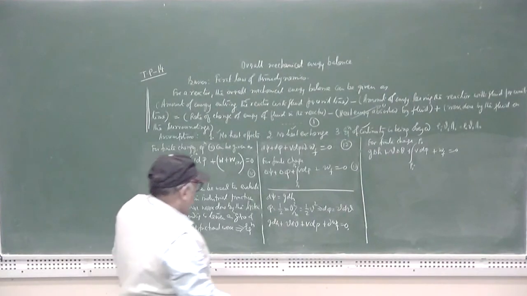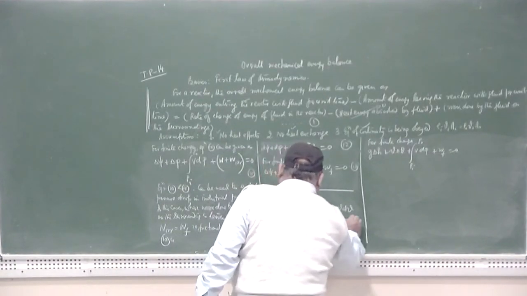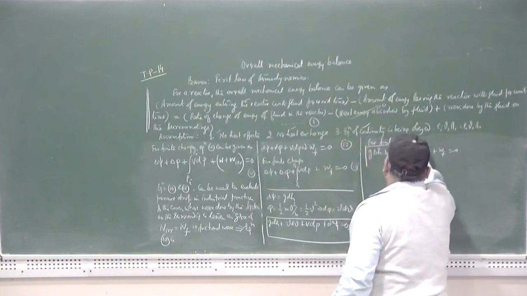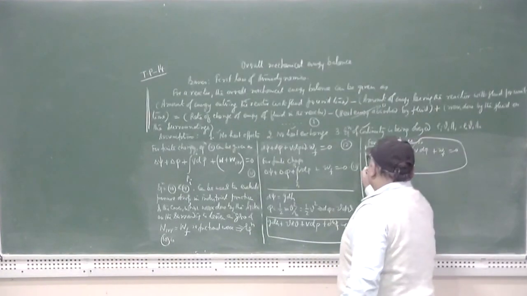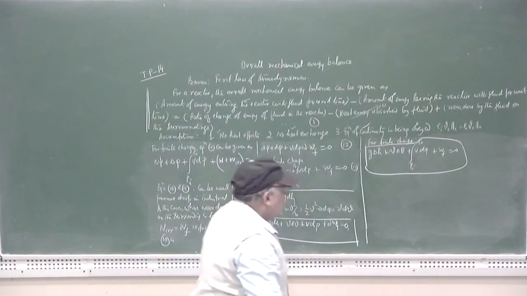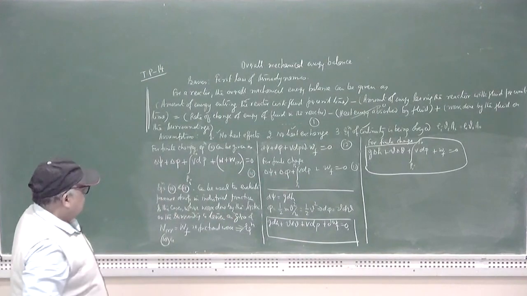So, this equation as well as the previous equation are the two forms of Bernoulli equation for the steady state operation of the fluid flow in the reactor, which is a consequence of the overall mechanical energy balance.